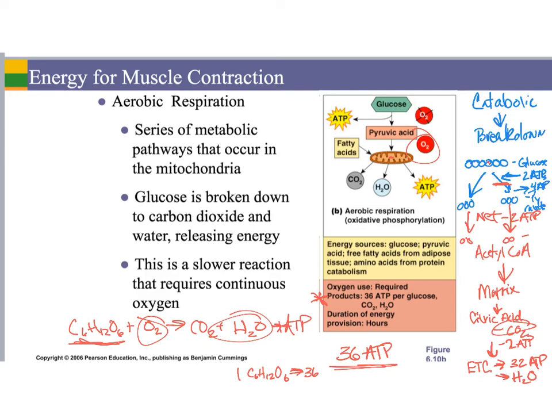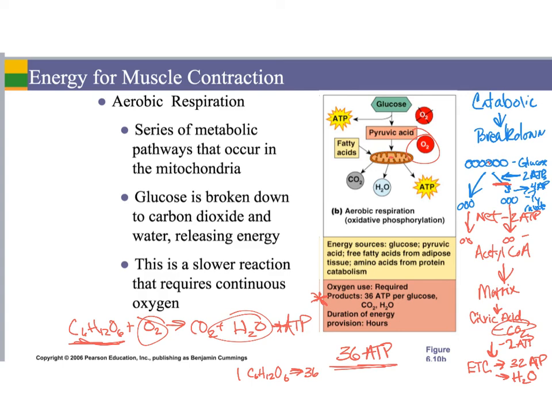Now, muscle fibers, however, use up the oxygen very quickly. We do have a special protein that helps to grab oxygen. It's called myoglobin. It's one of the proteins that helps to attach oxygen, kind of grabs the oxygen for the mitochondria.